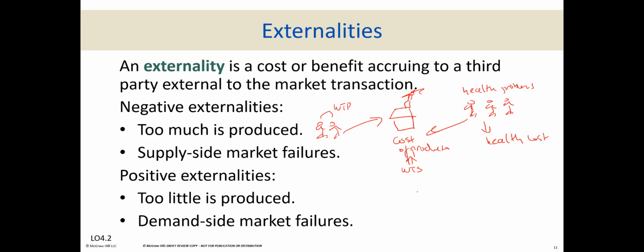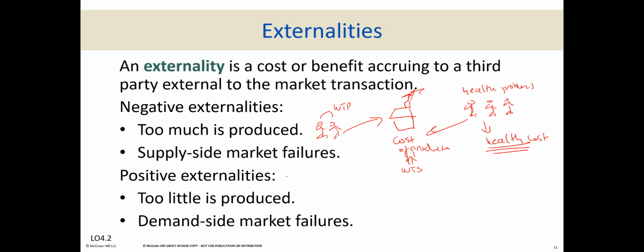So when I say there is a market allocation which is efficient, then the cost curve, which is the supply curve, should reflect all the costs of production. But in that case, we don't see the health costs that people are having due to poisonous gas. Okay, so pollution is an example of negative externality. In a case of pollution, too much is produced, and this is a supply side market failure.